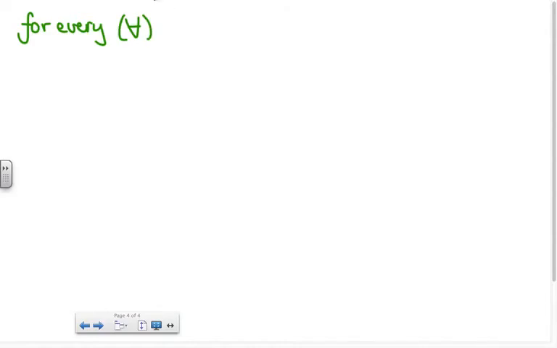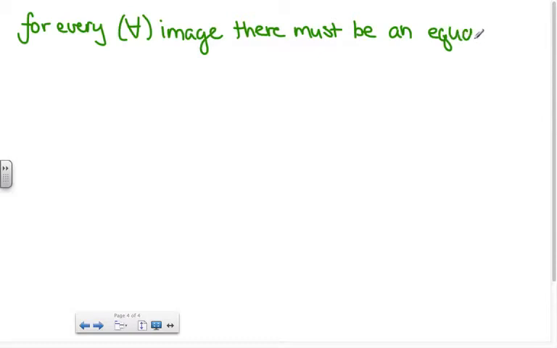And if I ever get lazy, this is what we'll do. I'll write it like that. For every image, there must be an equation that describes it.